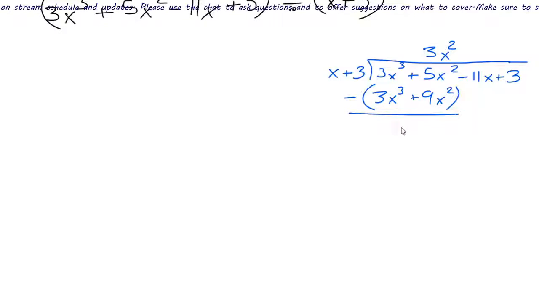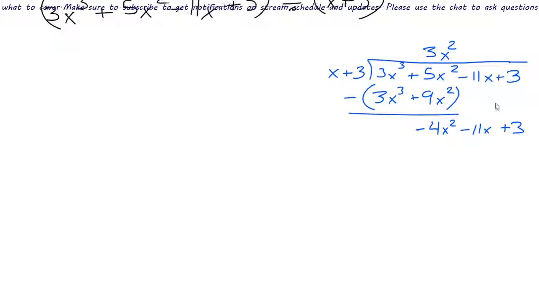Subtract it. And 3x cubed minus 3x cubed is canceled, so it's 0. 5x squared minus 9x squared is going to be negative 4x squared. Bring down the next piece, so negative 11x. I would go ahead and just bring the whole thing down, plus 3. And then what do we need to multiply x by to get to negative 4x squared? We're going to multiply that by negative 4x.